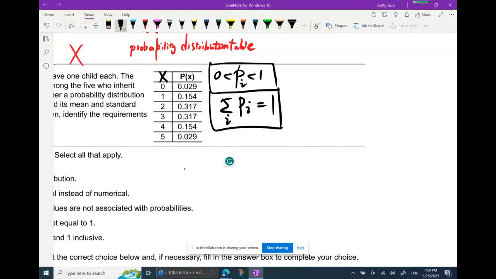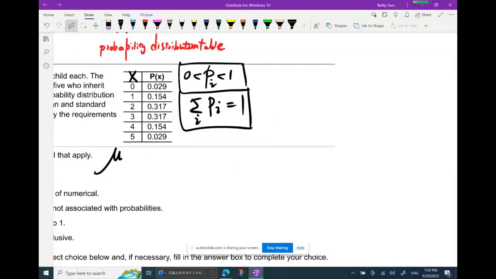That's the reason for the mean, we do not use X bar anymore, because X bar is a sample mean. Instead, we use mu. This letter, mu, has a longer leg, kind of like a U. Mu is the population mean. Here it represents the mean of X, the random variable.